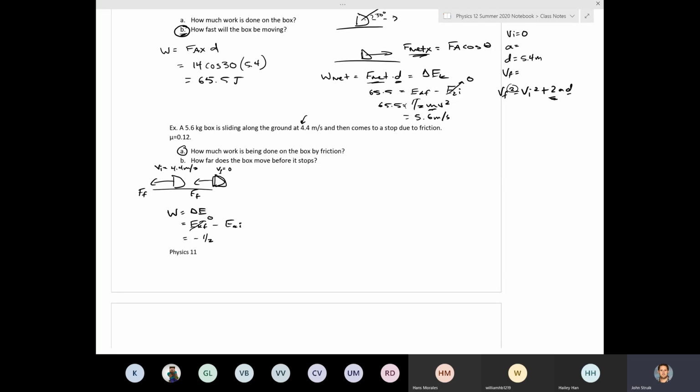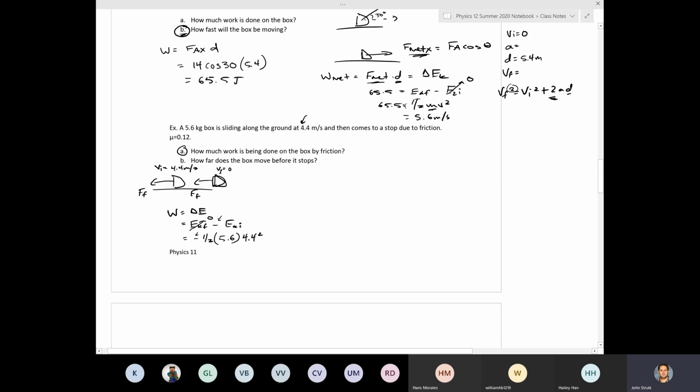Okay, back to this problem. So the EKF is 0, so we're dealing with just the EKI. This negative is that negative right there. And then EKI is 1/2 mv squared. So 1/2 times 5.6 times VI, 4.4 squared.